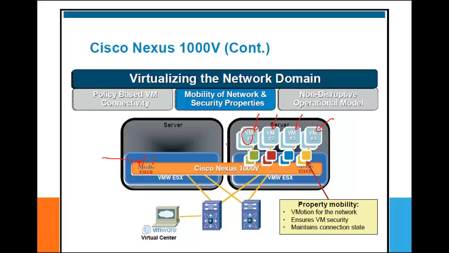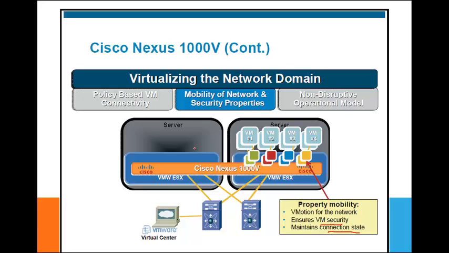So as the VM moves, the policy is also carried. That is what we call vMotion. This vMotion is a common term for both Nexus 1000V as well as for VMware. So we got vMotion for network, which ensures VM security is still maintained as we move the VMs from one physical hardware to the other physical hardware. The reason is all the physical hardware is seen as one hardware pool.